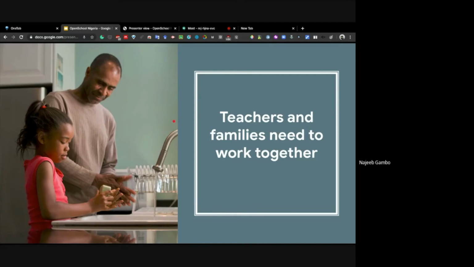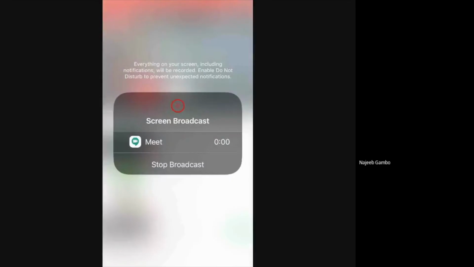And it is a reality. But the reality here is teachers and families need to work together. Because at this moment, parents have to complement teachers, because they will be the ones to guide the students, to help them do all the things teachers are doing to manage students. So in this instance, not only do parents need to understand that the goal of distance and remote teaching is to teach the top line priorities, they also need to understand.